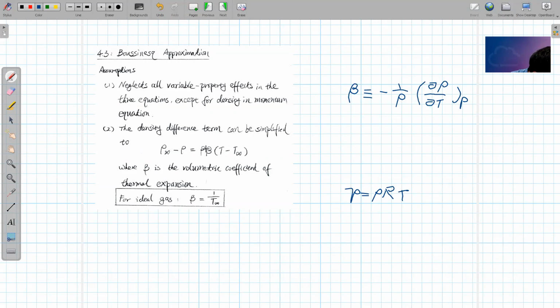There's a typo here, sorry. Let me correct it. This is not a rho, this should be g. It should be rho infinity minus rho equal to g beta times T minus T infinity.